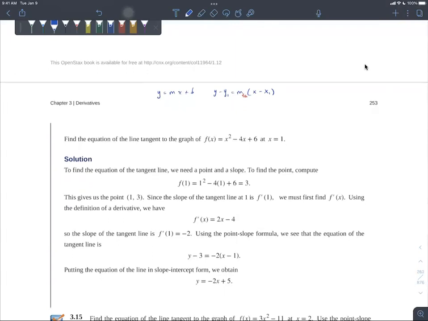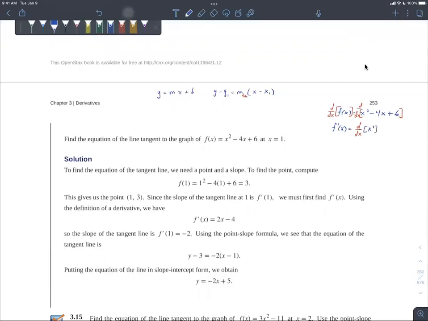If my function f of x is equal to x squared minus 4x plus 6, I believe we've dropped showing all the steps using those derivative rules. I'm going to show it one more time. Basically we take the derivative, and this is the notation on the left hand side, and then we take the derivative on the right hand side. The derivative of f of x is called f prime of x, so we'll put our correct notation, and then we'll apply the derivative d dx to x squared.